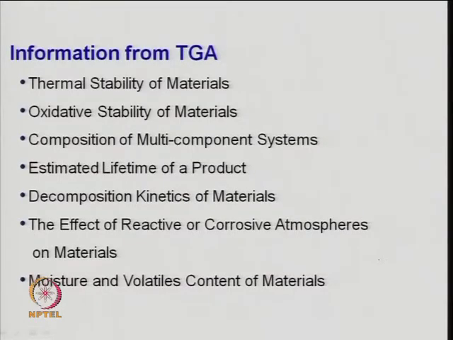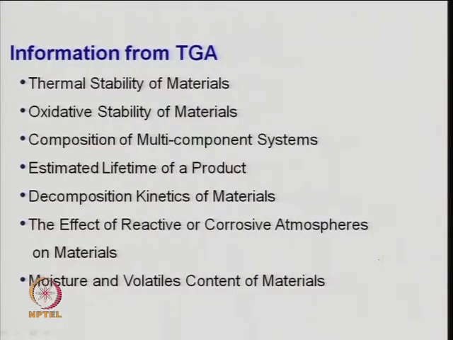So, the information from the TGA can be of variety: thermal stability of the material, oxidative stability of the material, composition of multi component systems, then estimated lifetime of a product, that is the decomposition for a product, decomposition kinetics of the material.